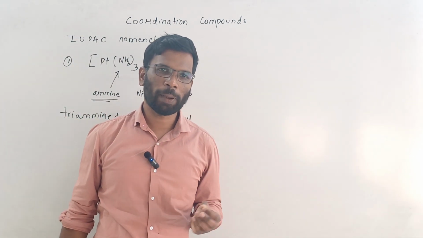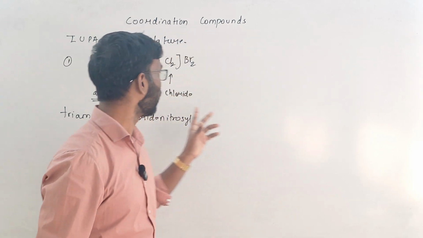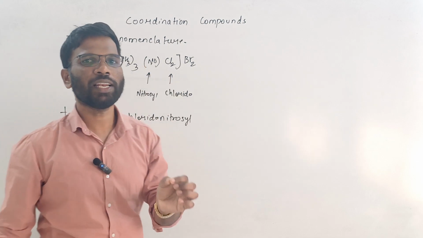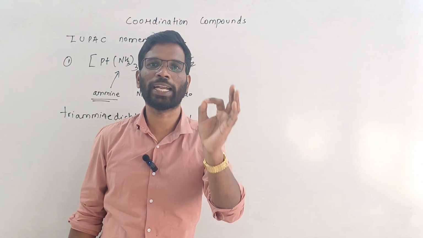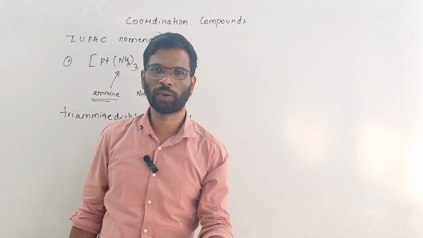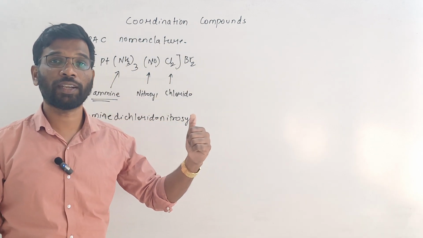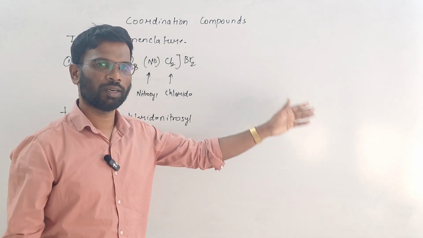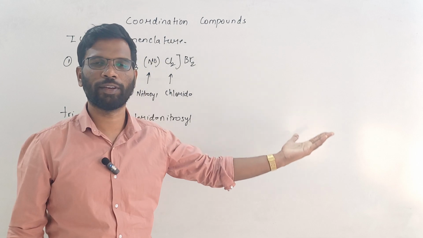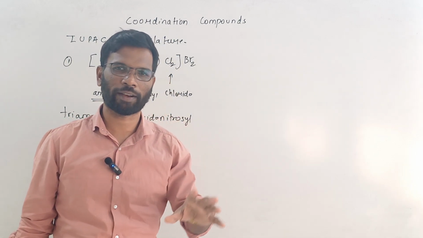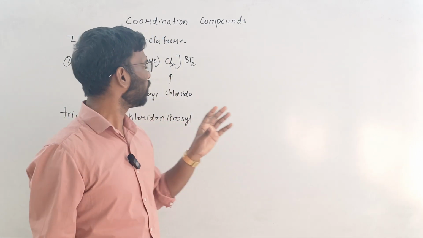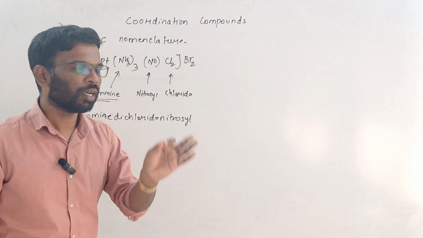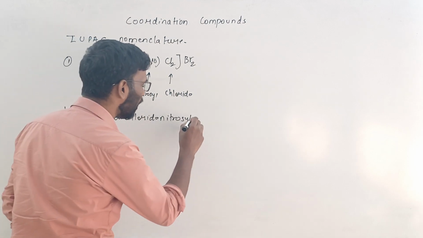Now if the coordination sphere is negative, okay, then we will not write it to be platinum, we will write platinate. If it was iron and a negative coordination sphere, meaning first the counter ion, then the coordination sphere, we would be writing ferrate, right? So here the coordination sphere is positive, that's why I will write platinum as it is.